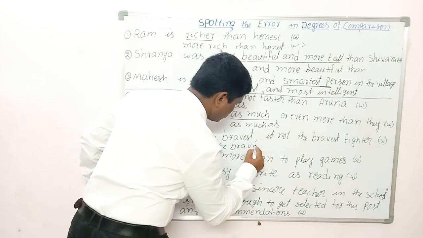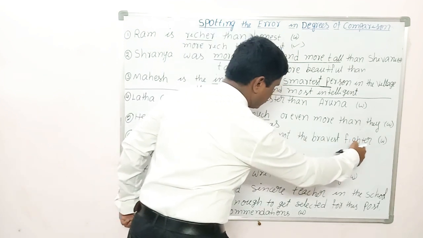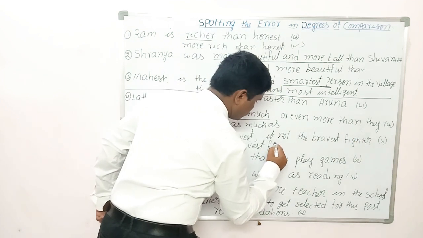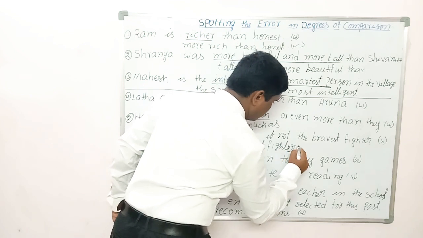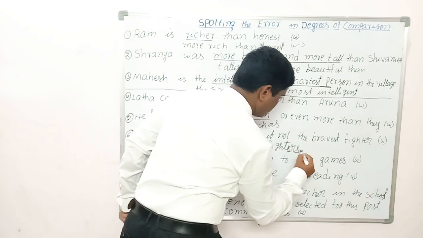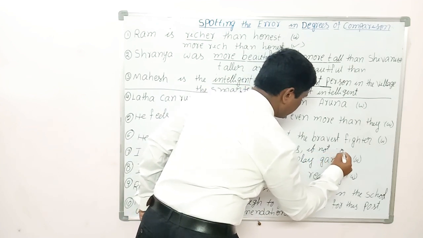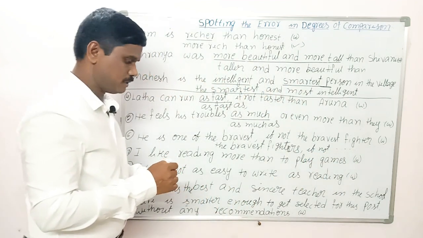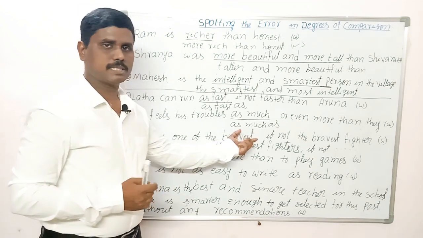bravest, and here the noun is here, that means it comes here, that is fighters, one of the bravest fighters, comma, if not, and the remaining sentence as it is. Now once again listen. He is one of the bravest, wrong.